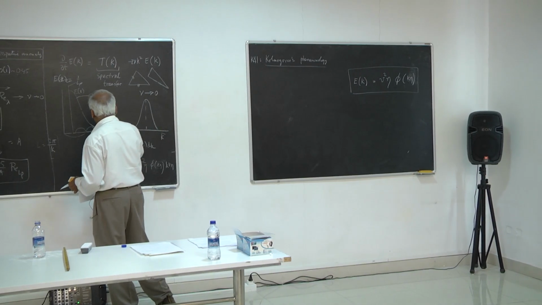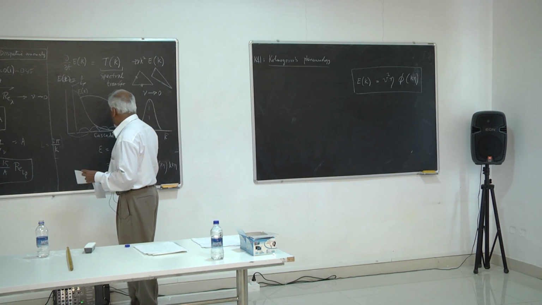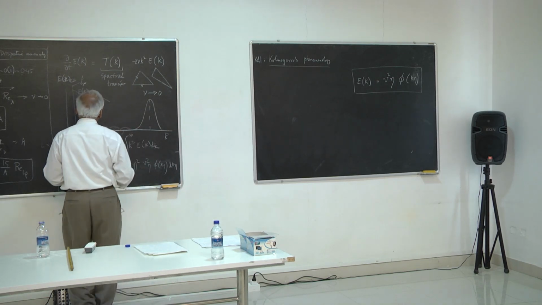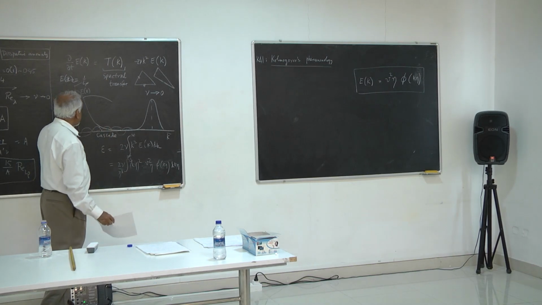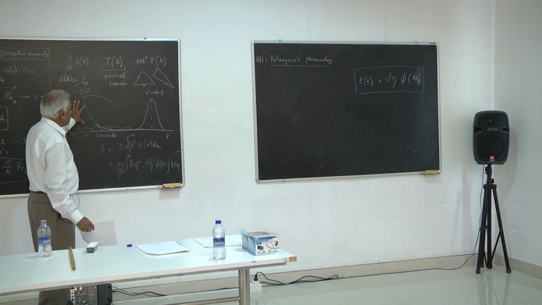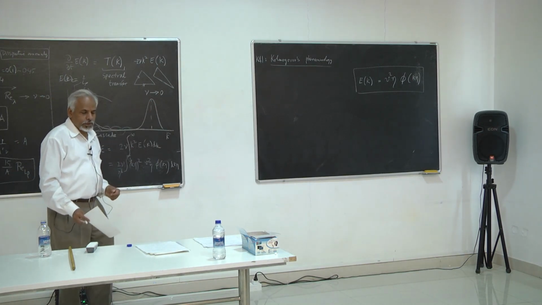And I have many steps in the cascade, etc. So Kolmogorov first said for small scales, that is scales which are far away from here, everything depends upon those two quantities, epsilon and nu.